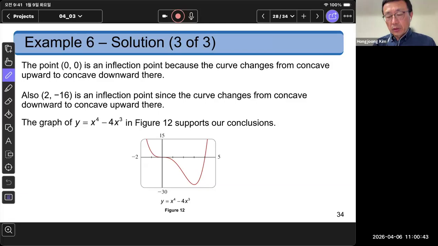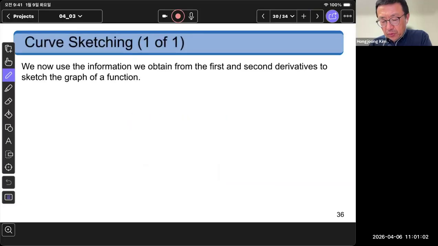But I can draw the graph myself, even without the calculator, because I can consider the information from the first derivative and the second derivative. So that's what we want to consider in this slide, curve sketching.